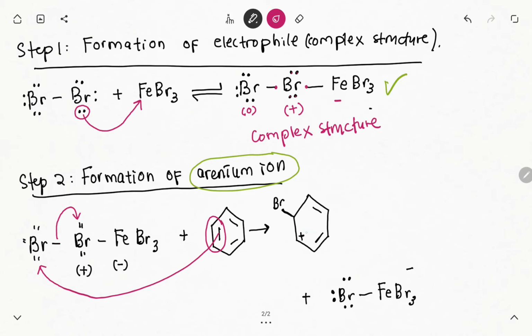The double bond closer to the positive charge must move first, so the first double bond moves to this place, forming a new structure of the arenium ion. The first bond remains, the bromine atom remains, and the new positive charge occurs at this place.